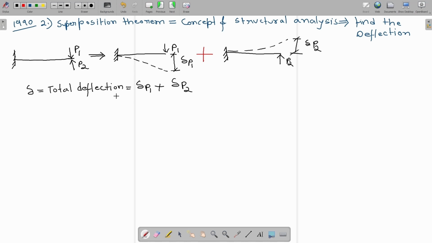Now there are criteria. There are two criteria mainly which are required to satisfy the superposition theorem. What are those? Criteria number 1.